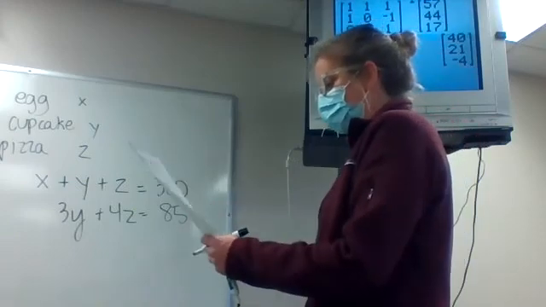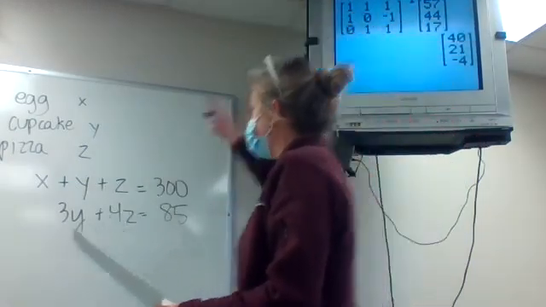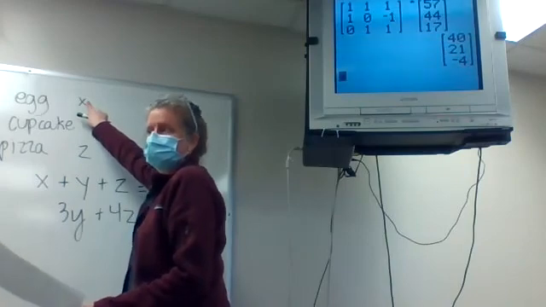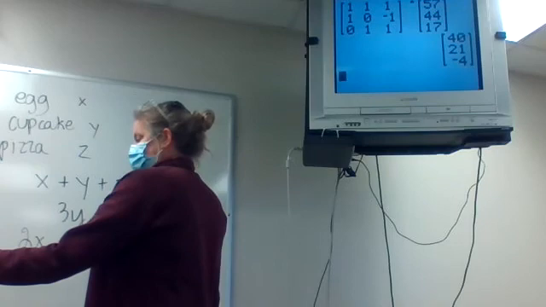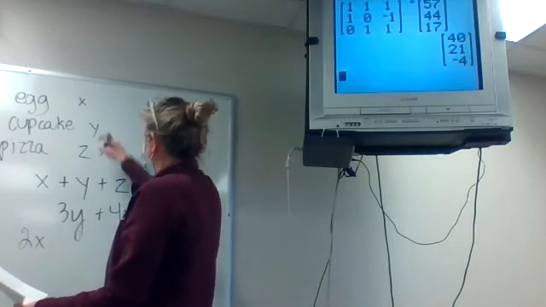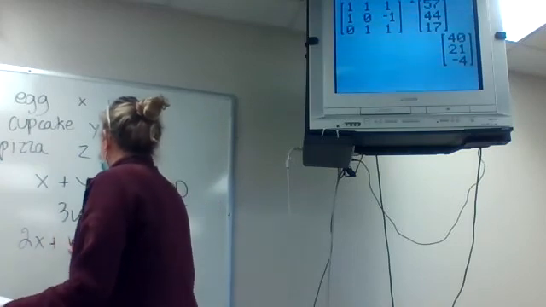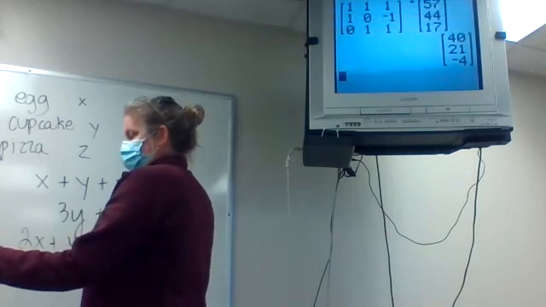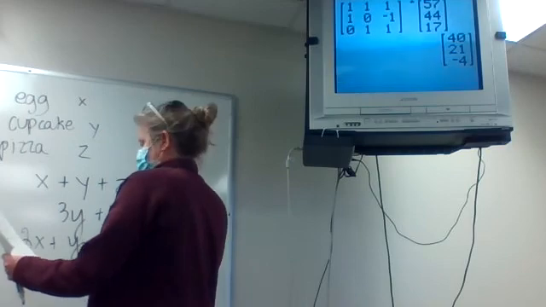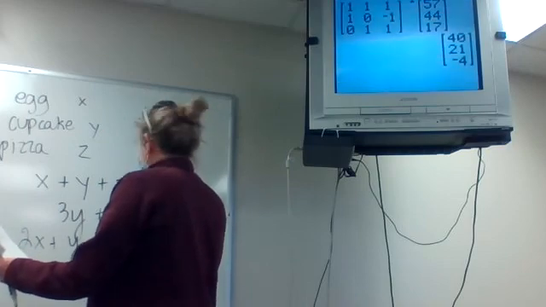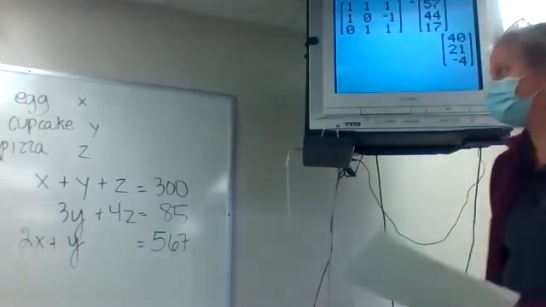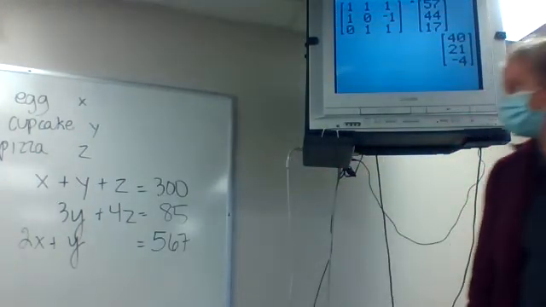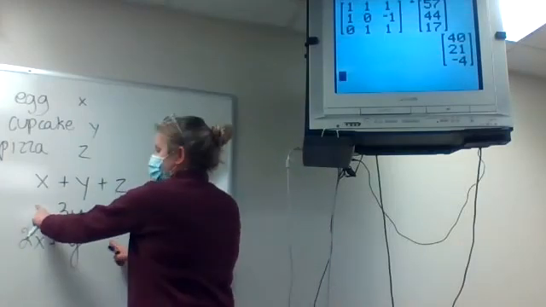And the last statement says, by eating 2 eggs, so 2X, and 1 cupcake, so 1Y, the child consumes 567 milligrams of cholesterol. So again, there's your matrix. Zeros go in the empty spots.